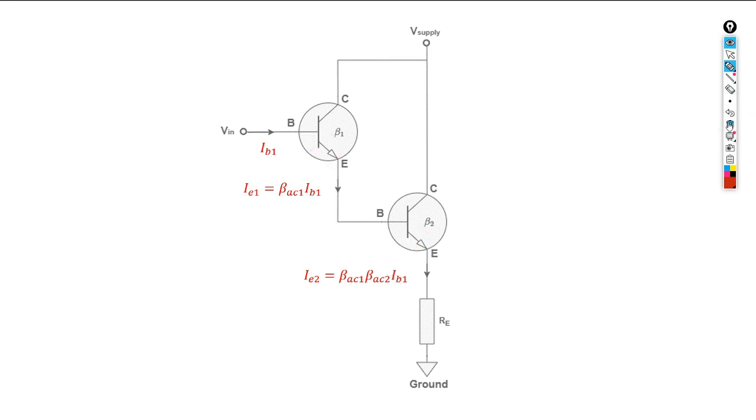So we are going to improve that internal resistance. You're going to have a look at it when we are doing examples. If you want to go deeper into it and understand it properly, you can read your textbook. When you're calculating your R in base, it's going to be given by the combination of beta AC1 and beta AC2. You're going to see it in the example video, the problem solving video.